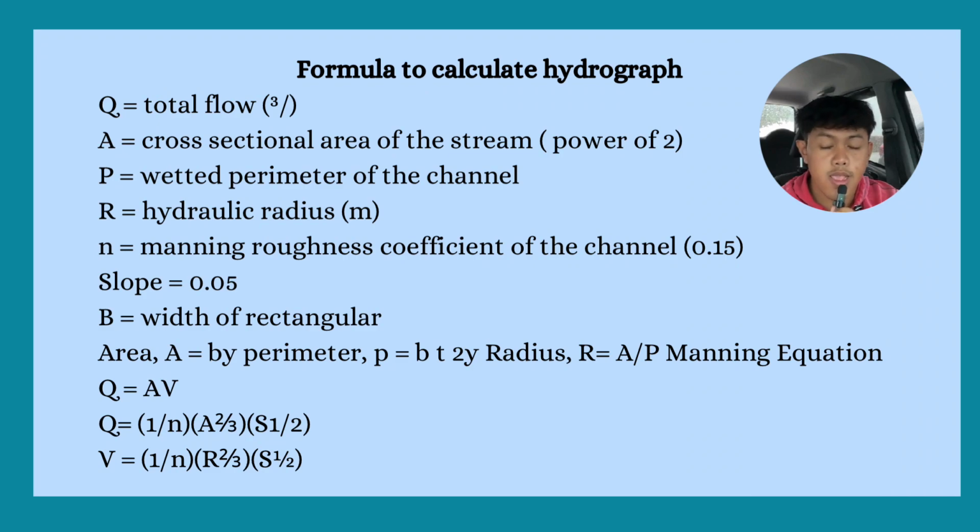V is the velocity, which is 1 over n, and again n is the roughness, times R, the hydraulic radius, to the power 2 over 3, times S, the slope, to the power of 1 over 2.